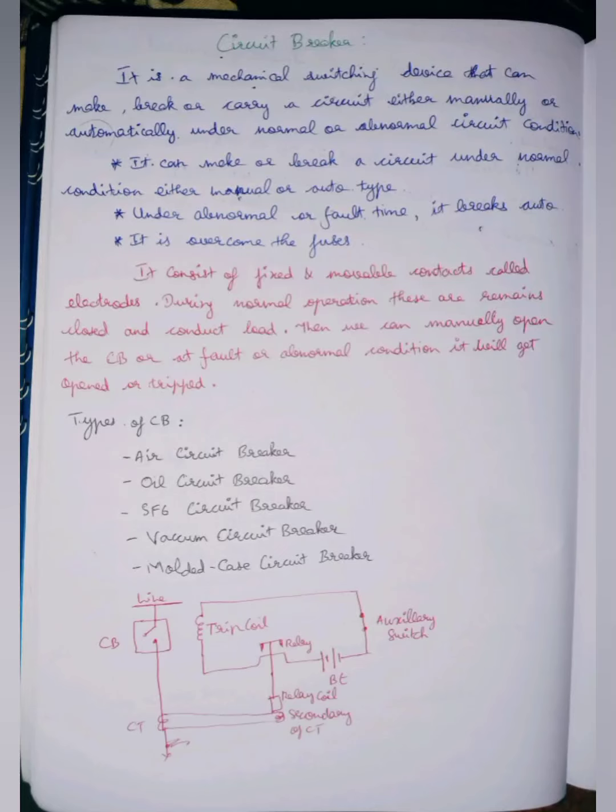In this video, we are going to see about circuit breakers. Normally, a circuit breaker is a switching device which is used for opening and closing of your circuit, which means not like a normal switch, which can be operated manually or remotely by ourselves.